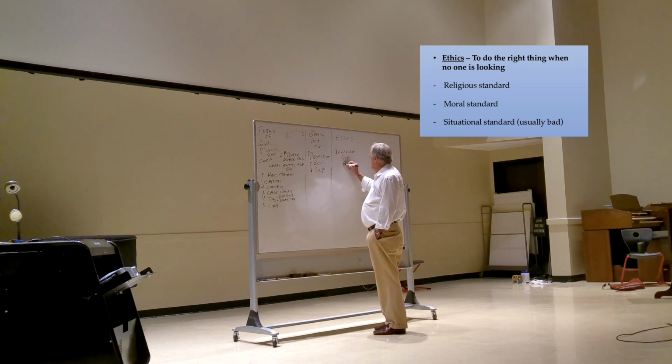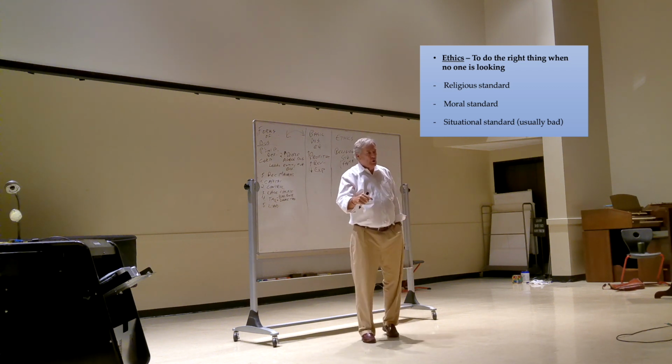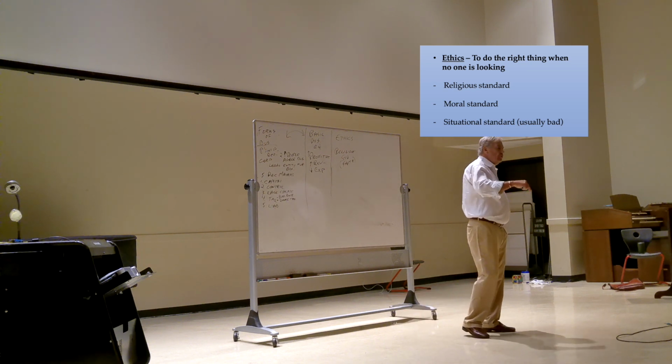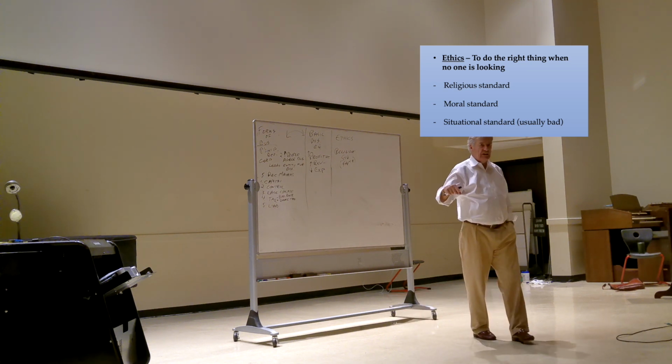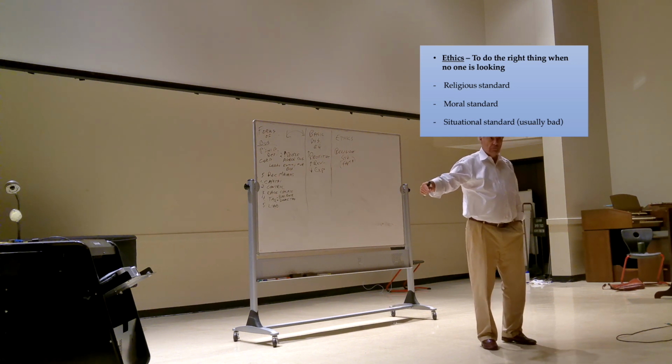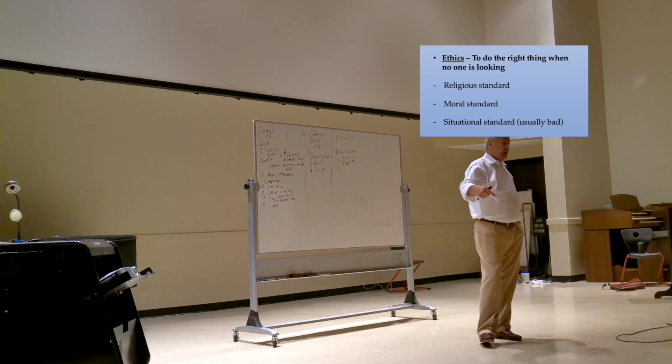It is because of their faith. They can point to the Bible or the Quran or the Talmud. They can point to something in their faith that says you don't do things wrong. Okay? So that would be a religious standard.